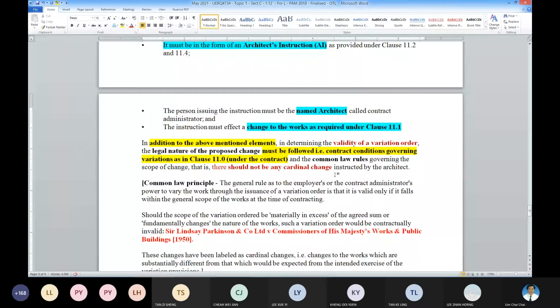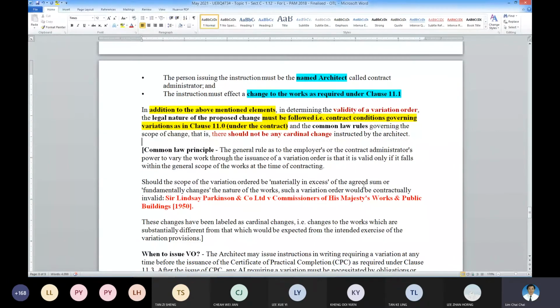So this is the contractual principle. And now the common law principle to explain further. If it is in compliance with your original scope of work, then this is a valid VO. So what is an invalid VO?